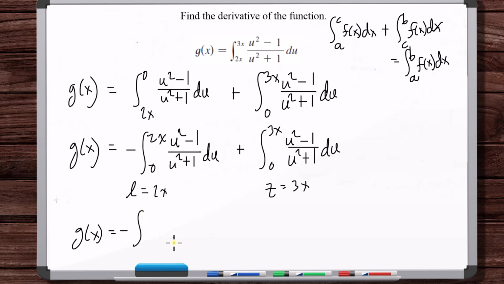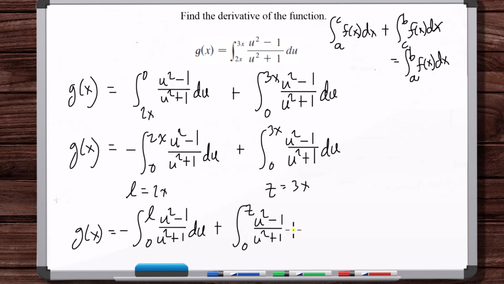And what we have is L to 0, and then z to 0. So this is some function of L, this is some function of z. And so we can just take d dx of this, right?